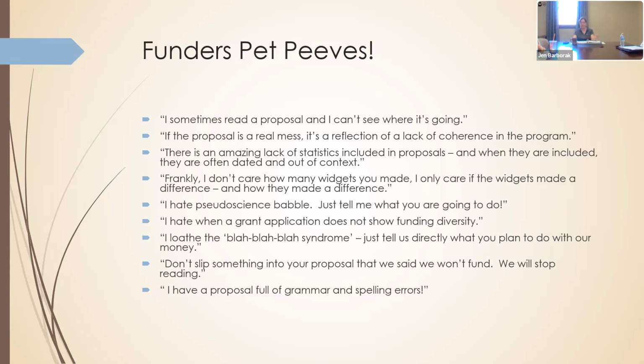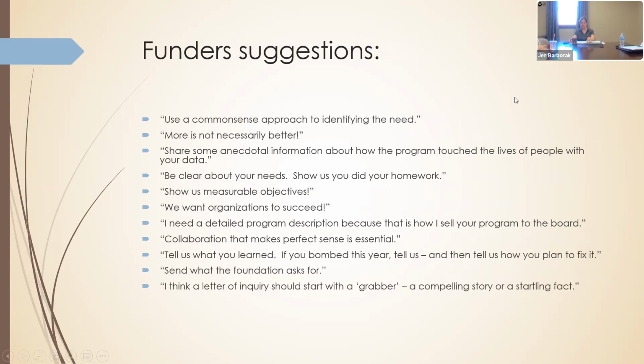Like I said, I read my sentences backwards, sometimes just so that I'm looking at words, not at the context. So then the next page, just some suggestions from multiple funders. And this came from a couple different books.